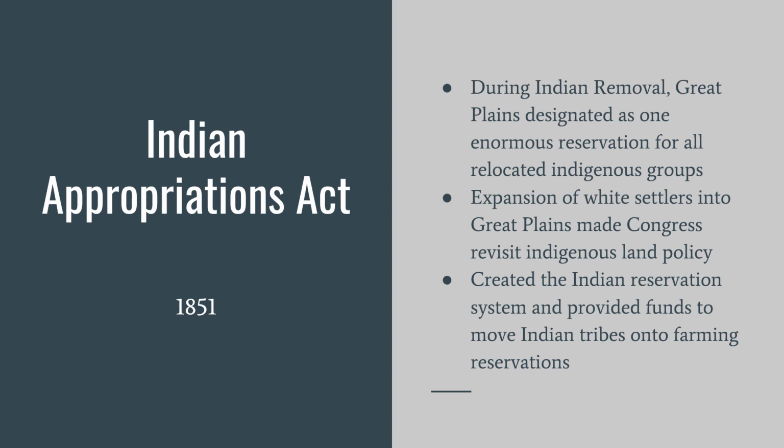However, once white settlers started to expand into that area, Congress revisits this land policy, and they create the Indian reservation system that we see today, and provided funds to move Indigenous tribes onto farming reservations. So they really start to lose a lot of their culture that is based around movement. And so we start to see little by little that the United States starts to chip away at some of the promises that they have made to these groups.